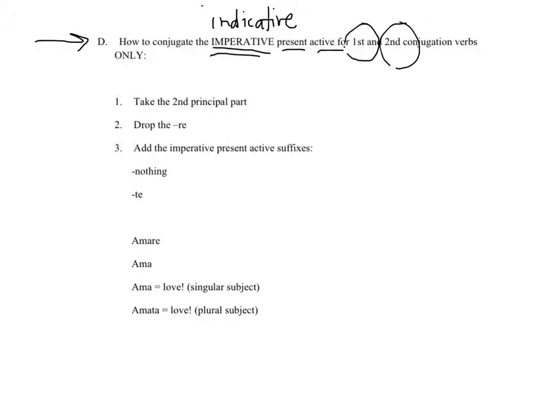The first thing that you want to do is take the second principal part. So if you have a verb like habito, habitare, habitavi, and habitatum, I don't even need to write out the fourth principal part because you don't need it, and I ran out of space.